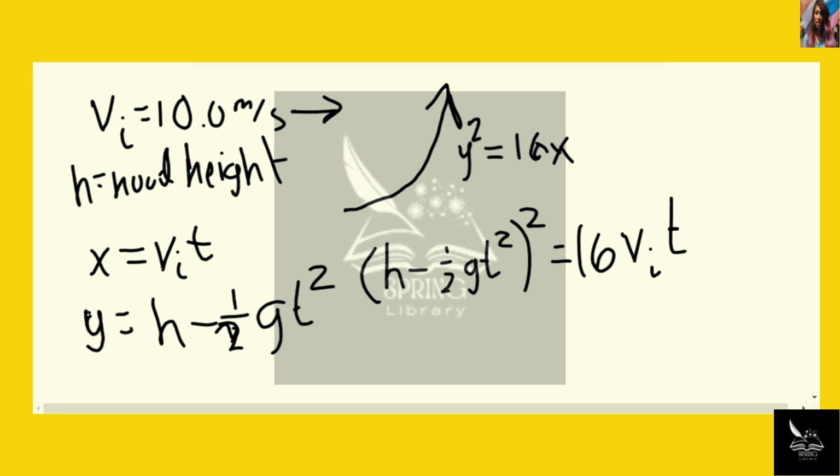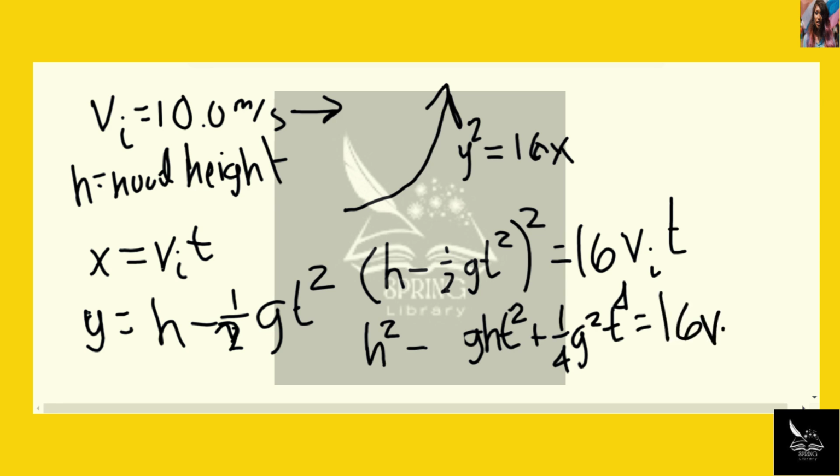So h squared minus 1/2 g h t squared, but there's two of them, so it's g h t squared, plus 1/4 g squared t to the 4th power equals 16 vi t.